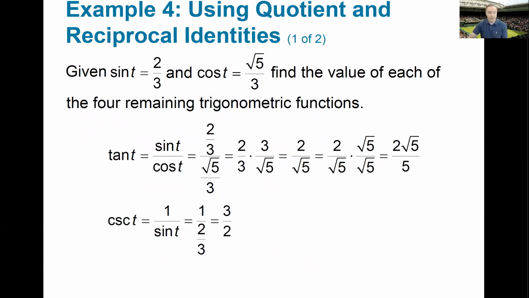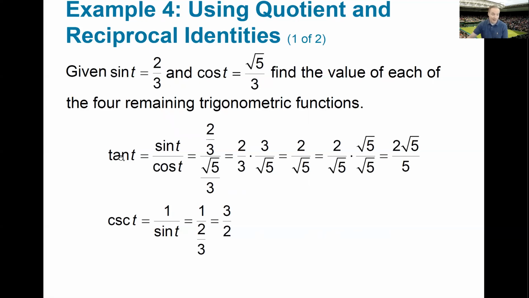Now, looking at another example here, let's say the sine of t is 2/3, and that I know that the cosine of t is the square root of 5 over 3. Find the value for the 4 remaining trigonometric functions. Well, since both the sine and cosine are positive, this has to be in quadrant 1.